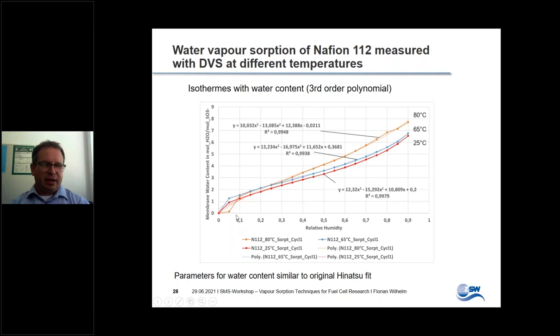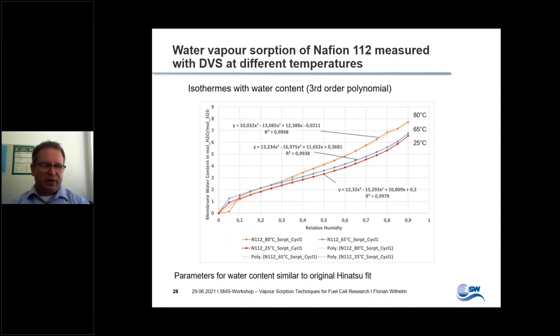One more remark, you can see here that in the beginning, so below 0.1 fraction of relative humidity, so that's 10%, the curves disagree somehow. The 80 degrees curve goes down very steeply, going to 5% of RH, whereas for the other temperatures, we have a shape which is more this S-like third order polynomial shape.